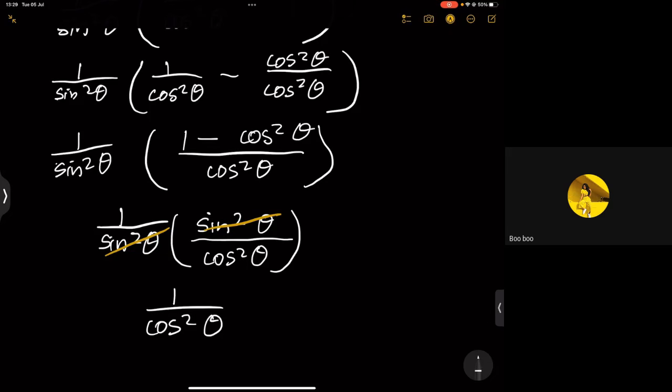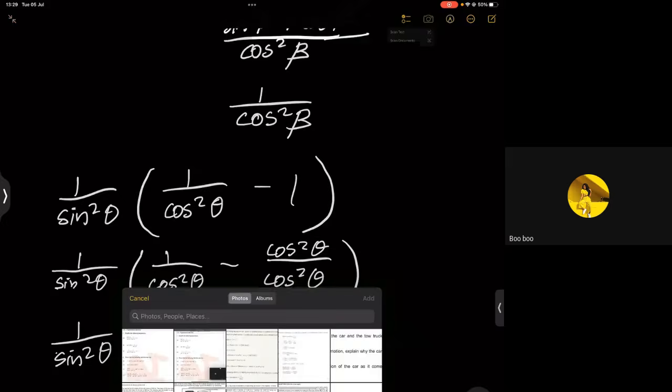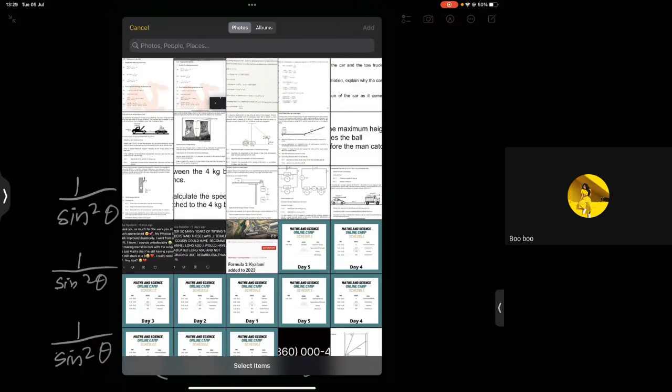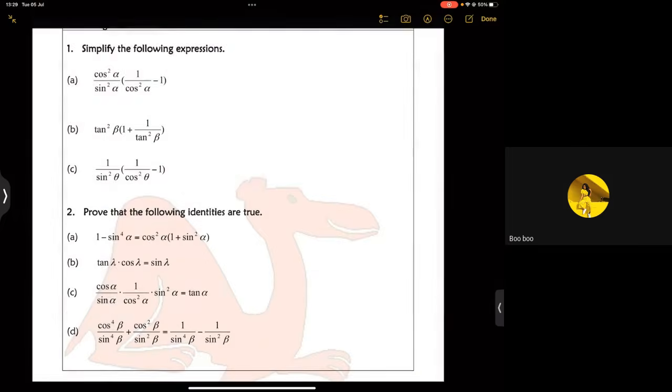The only difference here is that we are working with two sides, left-hand side and right-hand side, and we're trying to make sure that at the end of it, we've got left-hand side equal to right-hand side. Okay, so I'm just going to do this for the sake of being able to work with this more easily.